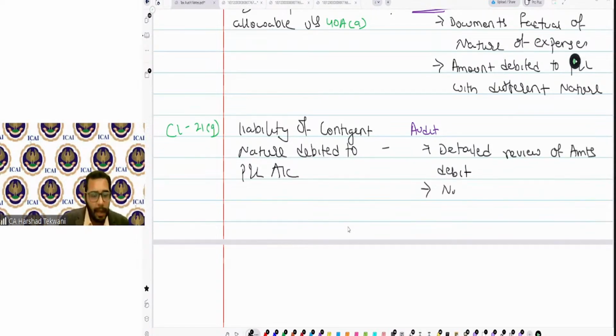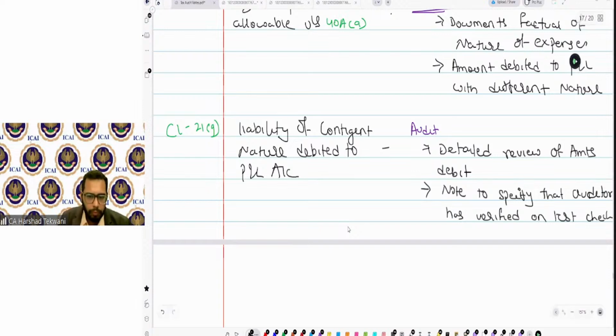In that case, a note specifying that the auditor has verified on a test check basis is required to be included when you perform test checks, because at the end we are required to give true and correct information, not true and fair.